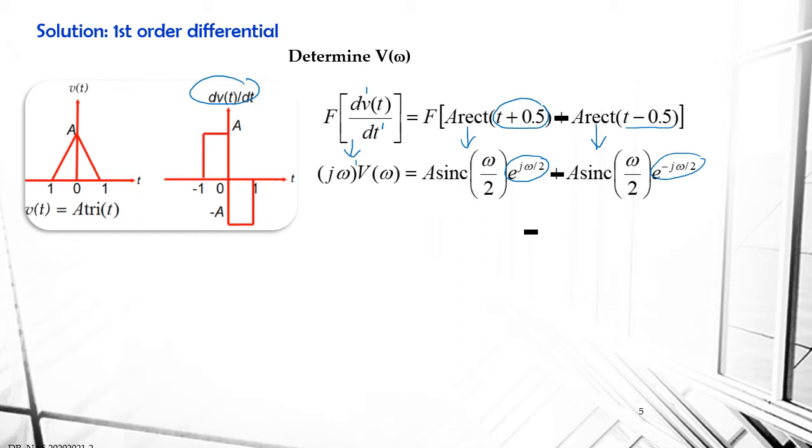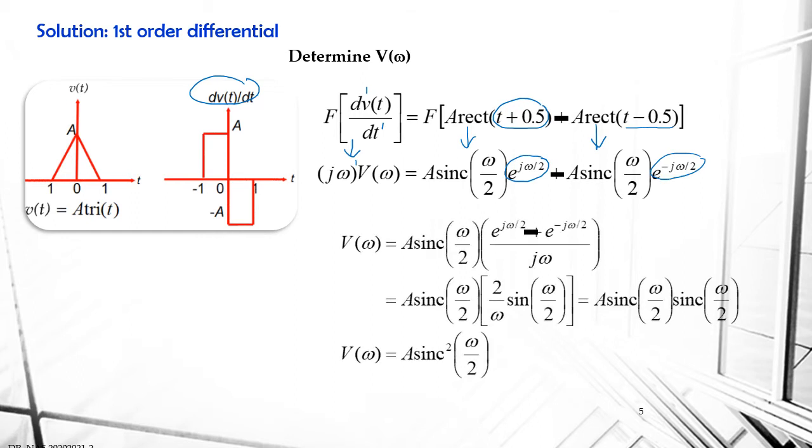Now solve for V omega. So V omega equals, with this j omega being moved to the right hand side, the equation can be simplified to this.